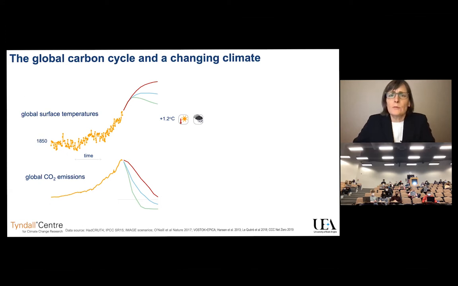With 1.2 degrees Celsius warming today, we're seeing a lot of impacts, a lot of heat-related impacts, heat waves, extreme temperatures, wildfire outbreaks. We're seeing also a lot of impacts in the water cycle, particularly extreme rainfall.